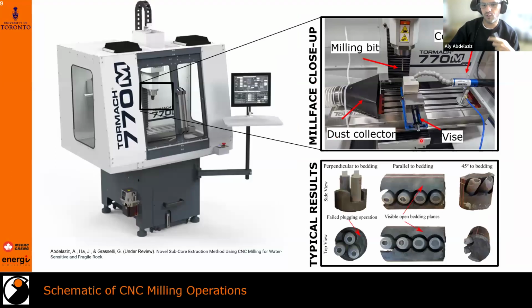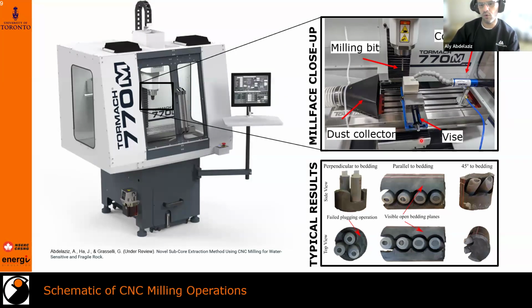To answer the first question, since most of these rocks are sensitive to water, we had to find a way where we didn't use water. That's number one. Number two, we realized that the coring process itself causes some stresses on the rock that cause it to disk. Now, there are other methods out there, for example, the SINTEF method, where you apply a normal load.